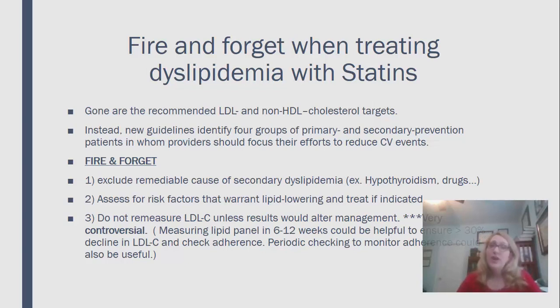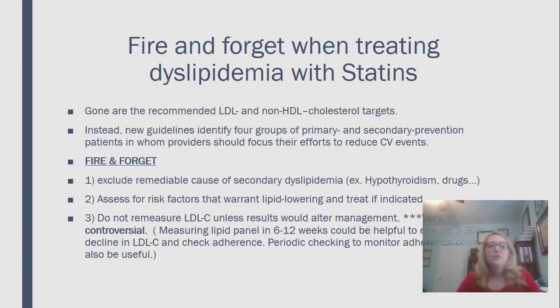And the new strategy is fire and forget. And it's looked at this way. Number 1, you want to exclude remediable causes of secondary dyslipidemia, like we talked about, hypothyroidism, drugs, etc. Second, assess for risk factors that warrant lipid lowering and treat if indicated.